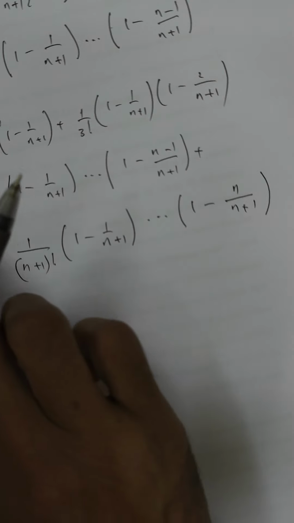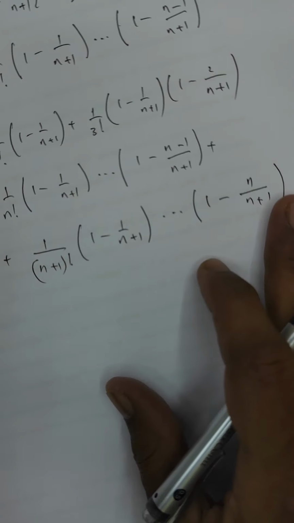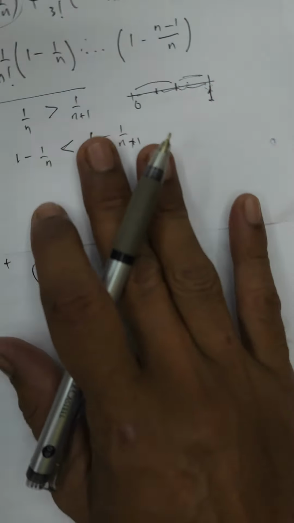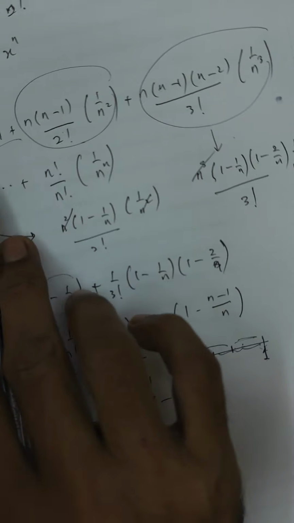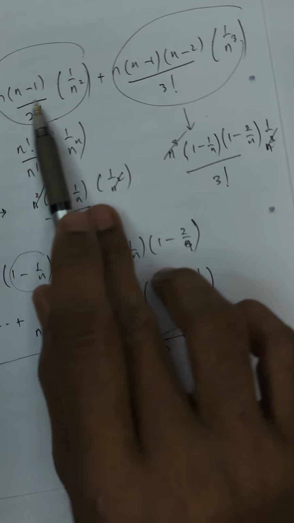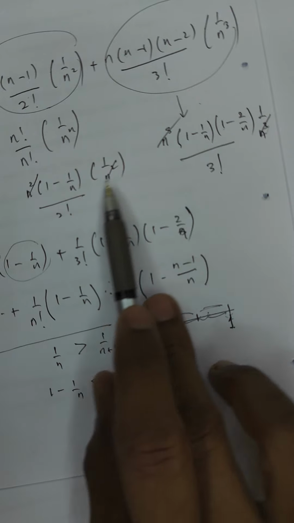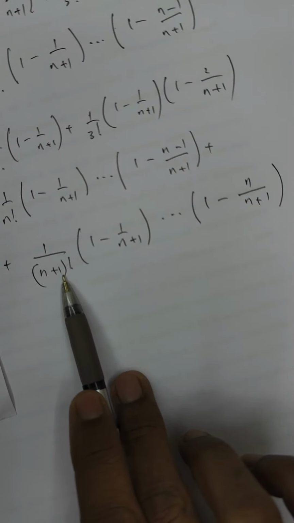What we have now is exactly the same if you look at here: 1 plus 1 and so on, except that we have one extra term, n plus 1.